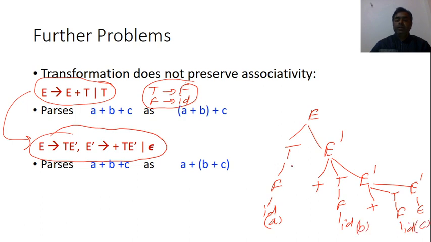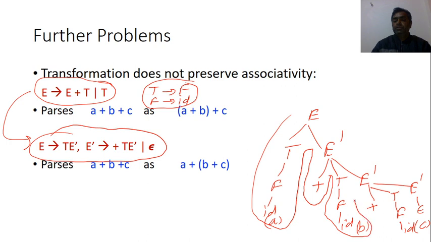How will these be evaluated? Just look at this. You have to come here, then here, then this one. I cannot evaluate this plus yet. Remember that this plus will be evaluated at the point when I get the value of T and the value of E prime. Just go to this, then this one, then this one, then go to this.